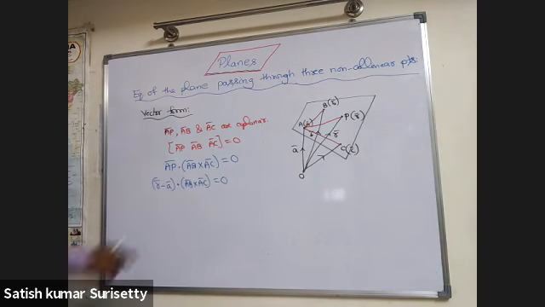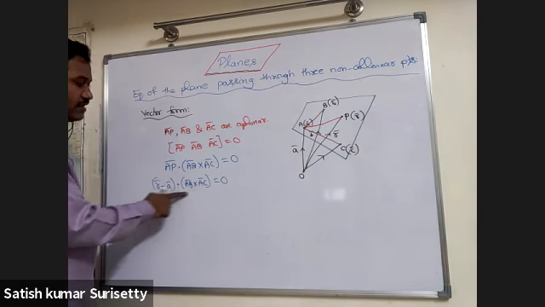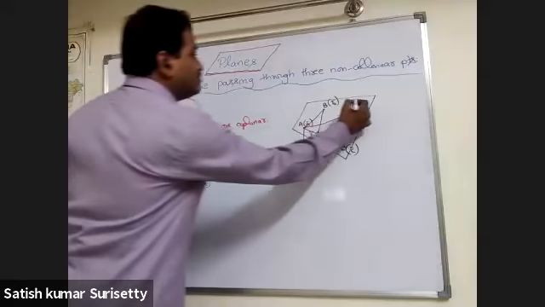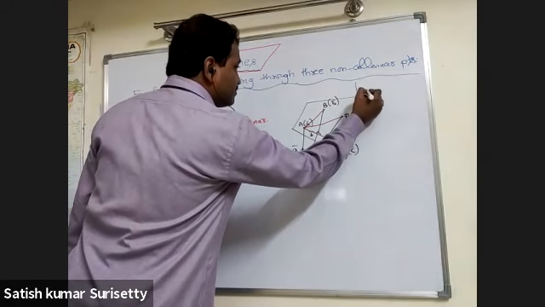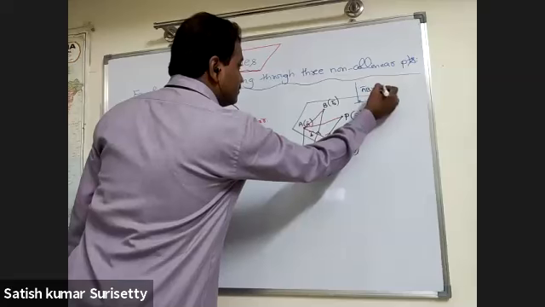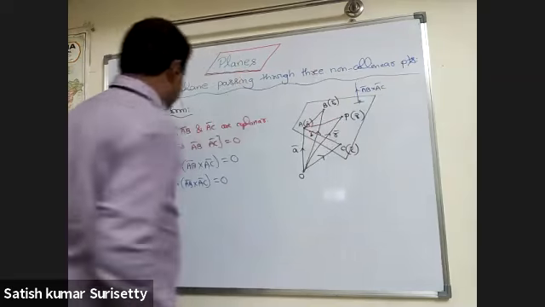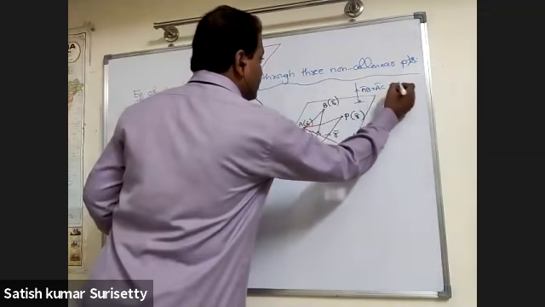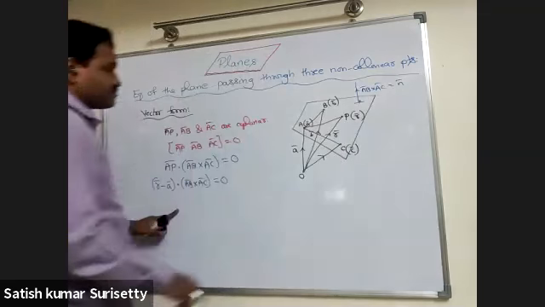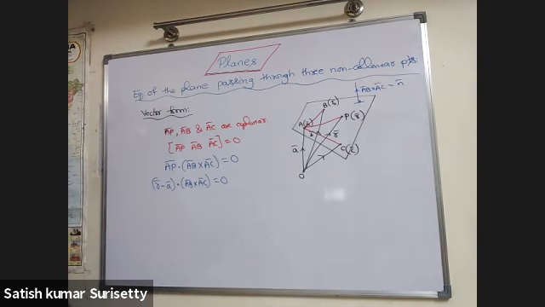Here AB bar cross AC bar corresponds to the normal vector of the plane. Previously I have written the equation in the form r bar minus a bar dot n bar equal to 0. That is, the normal vector of the plane is AB bar cross AC bar.